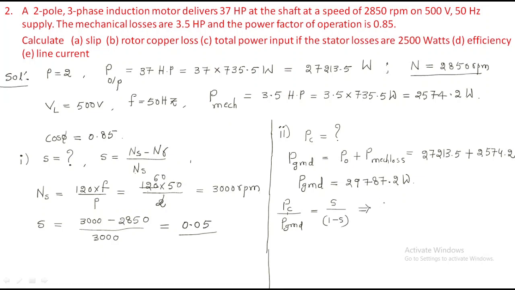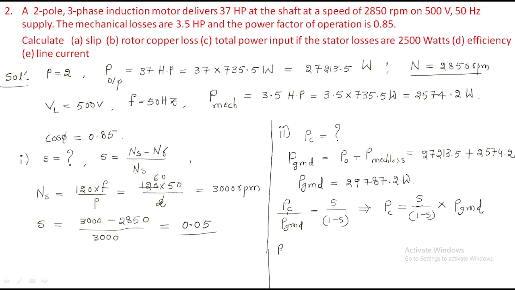From this, the second question is Pc, which is nothing but the rotor copper loss, that is S by (1 minus S) into gross mechanical power developed.